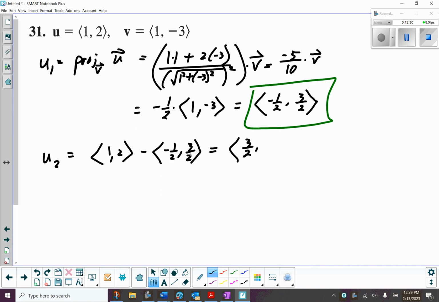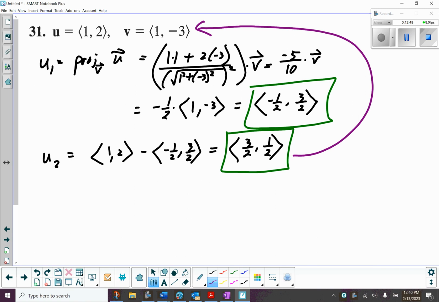And then 2 minus 3/2, in other words, 4/2 minus 3/2, is going to give me 1/2. And again, quick connection back up: 1 times 3/2 is going to give me positive 3/2. Negative 3 times 1/2 will give me negative 3/2. The dot product of u sub 2 and vector v is 0. Those are orthogonal.